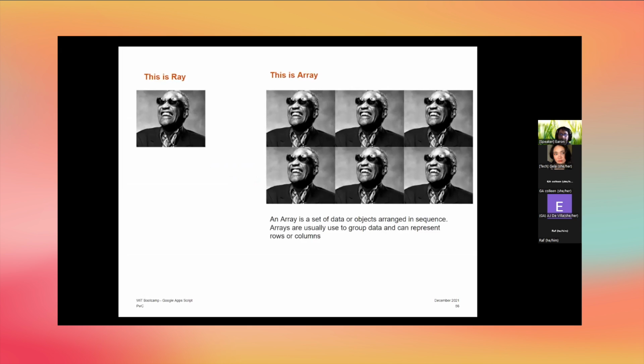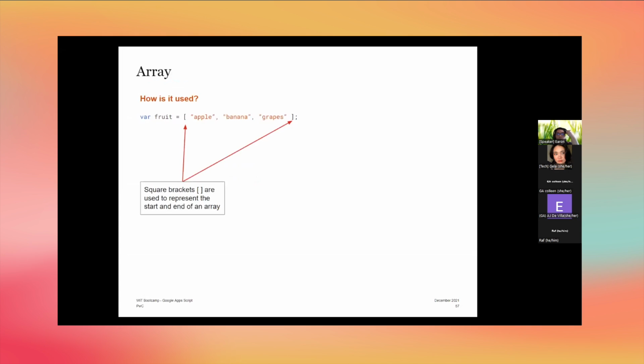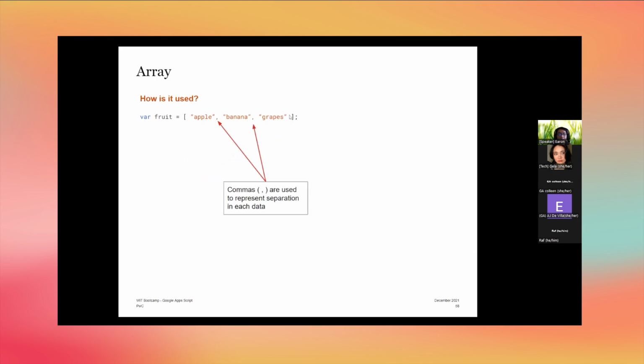It's usually a group of data, so it's not just one specific data. It's a group of data that you're trying to access. How it's done is the square brackets that we were talking about a while ago, and you separate the data via commas, and then you just put the data into the array.